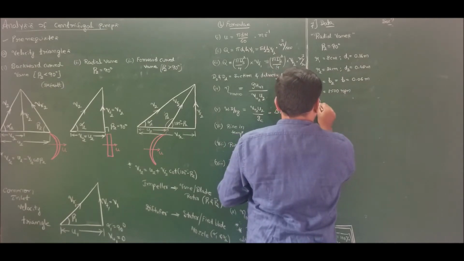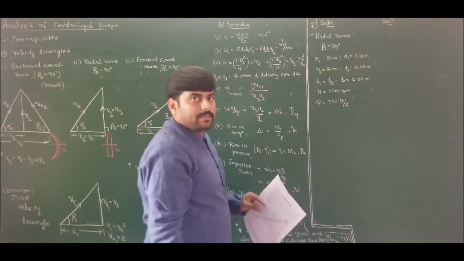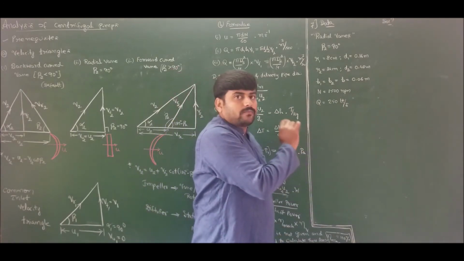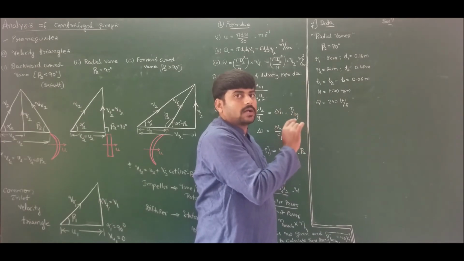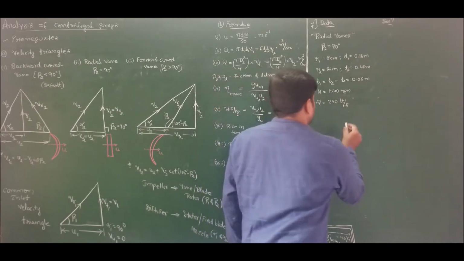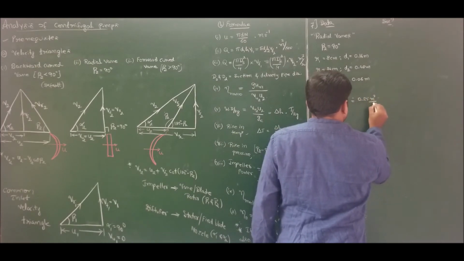Discharge Q is 250 liters per second. You know the conversion from liter to meter cube: 1 liter is equal to 10 to the power of minus 3 meter cube, or 1000 cc. So this will be equal to 0.25 meter cube per second.